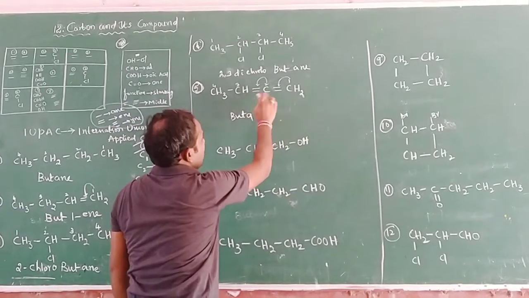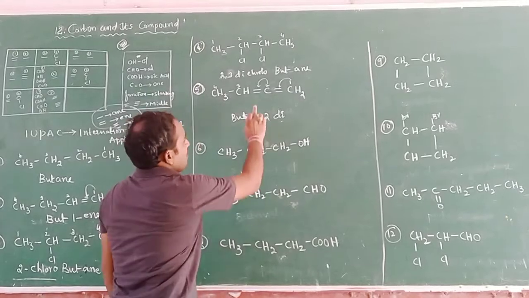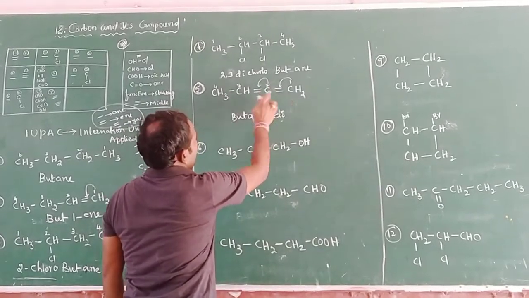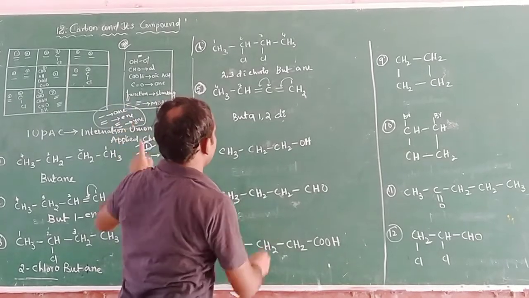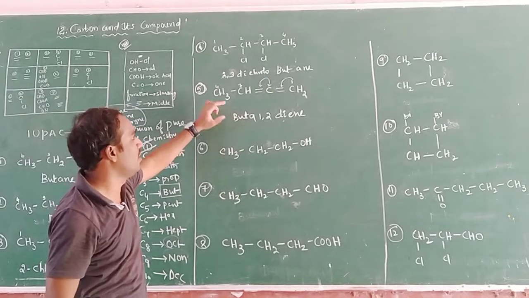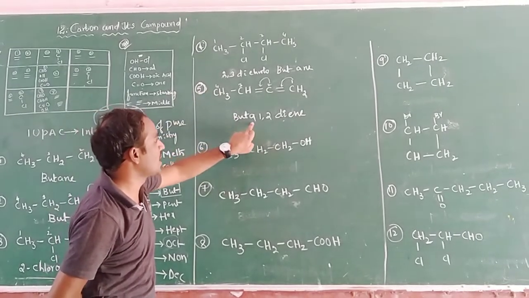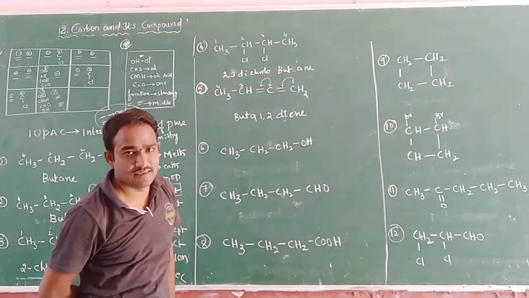So how many double bonds? 2. That means di. Okay. Carbon which bond do we have, the maximum bond? Double bond. If it is double bond, that is ene, diene. So what is the IUPAC name of the above equation? Buta 1 comma 2 diene.